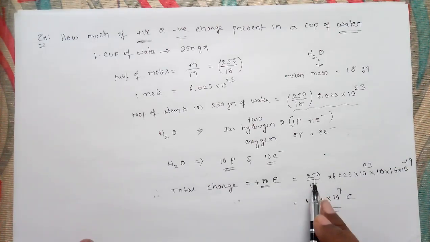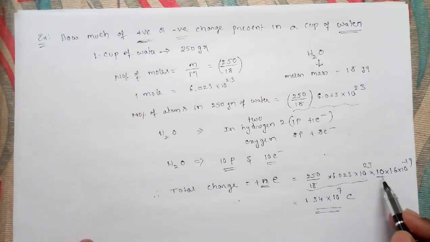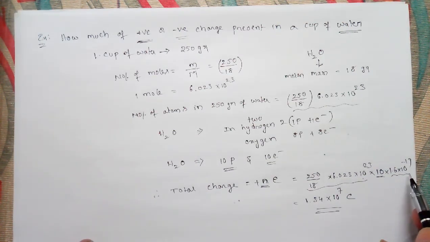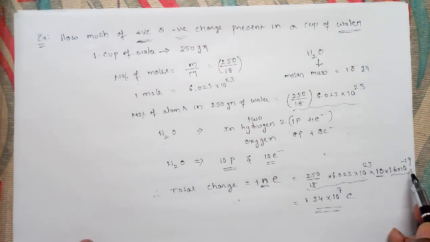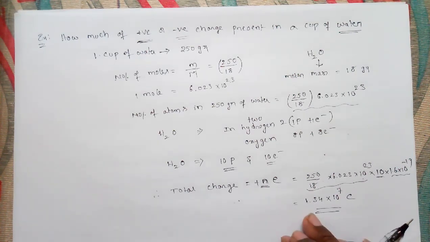So the total number of atoms into the positive charge of each atom, where one positive charge is 1.6 into 10 raised to minus 19 coulomb. So we multiplied, and we got this much charge in 1 cup of water.